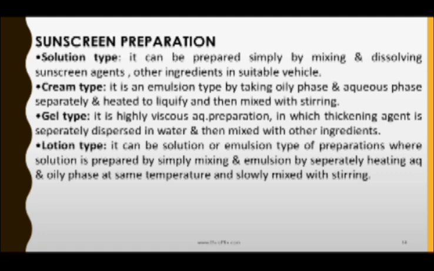Gel type. It is a highly viscous preparation. The thickening agent is dispersed in water and mixed together with the other ingredients. Lotion type. It can be a solution or emulsion type preparation.